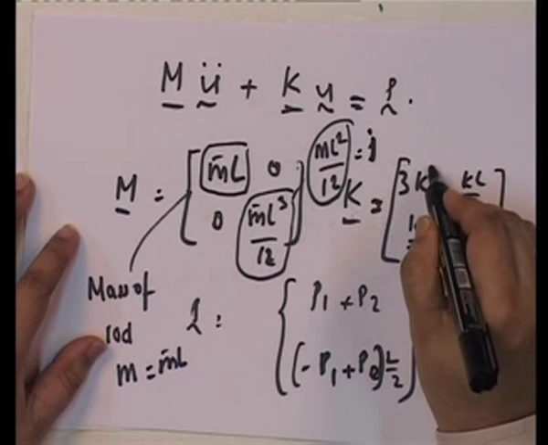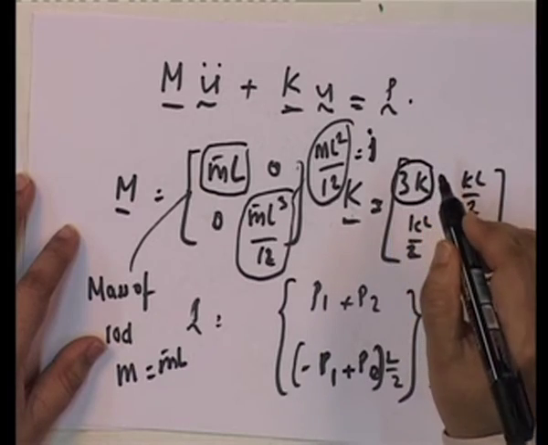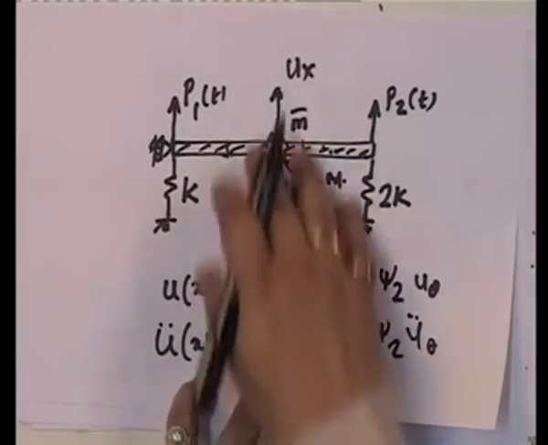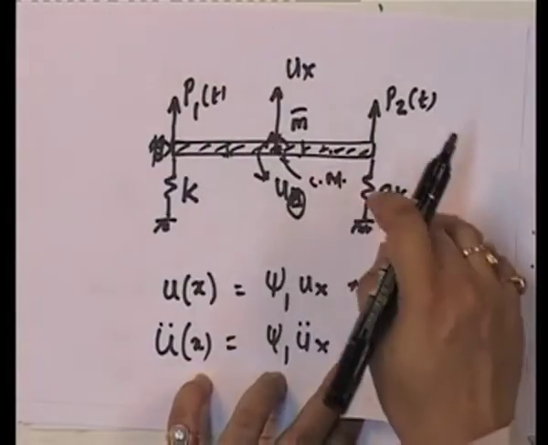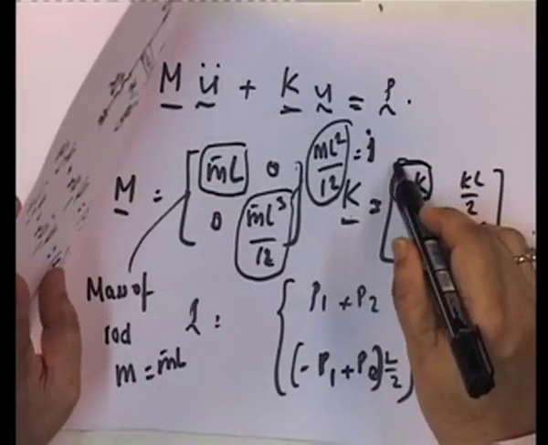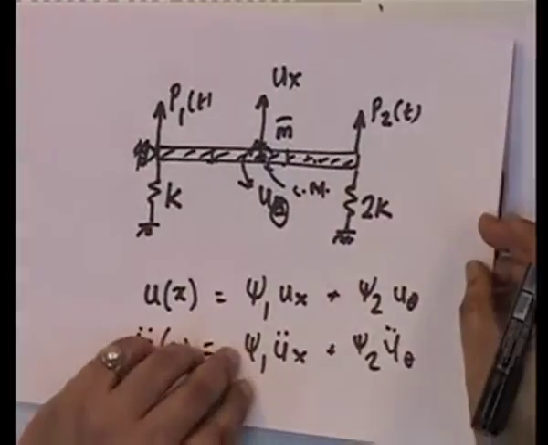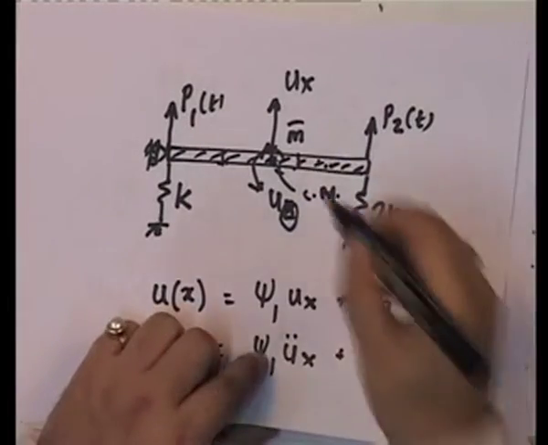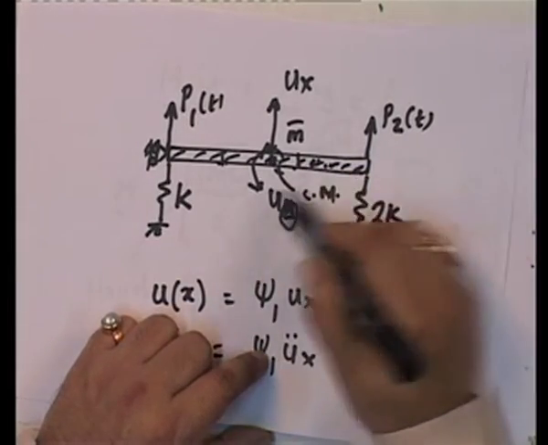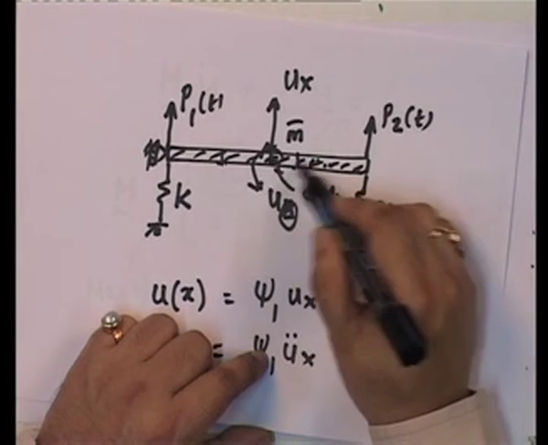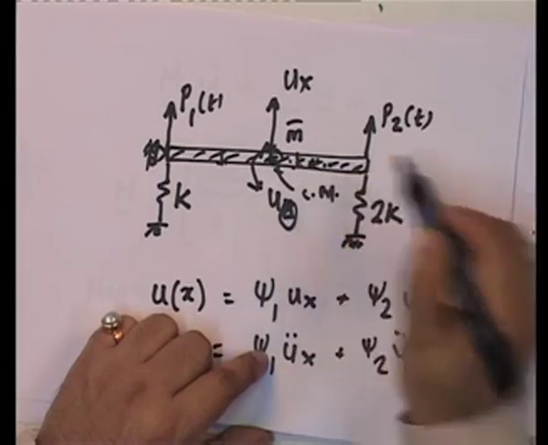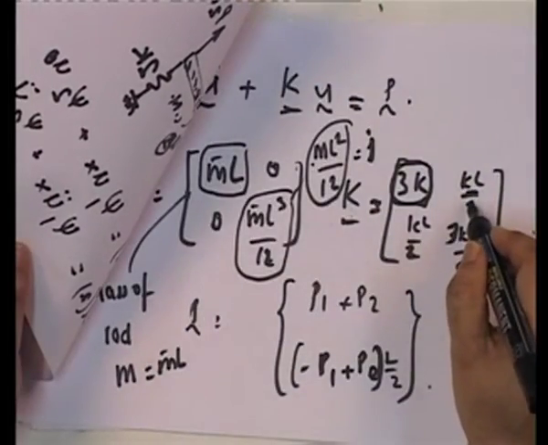Okay. If you look at this, what does this represent? This represents that if I were to give it only a uniform displacement, these k plus 2k would add up, and this is what you have here. Whereas, if this is the center of stiffness, the net stiffness is 3k, and this distance is L upon 6, so 3k into L upon 6 is kL upon 2.